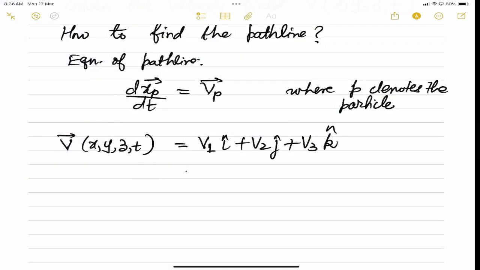So now the velocity field V of x, y, z, t is equal to V1 i plus V2 j plus V3 k, or we can use ui.